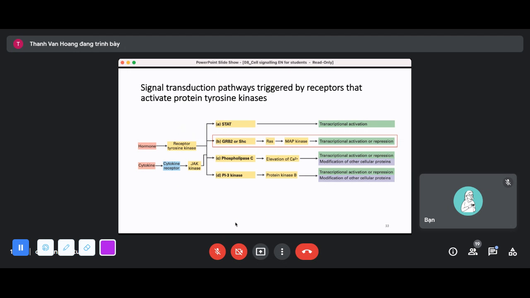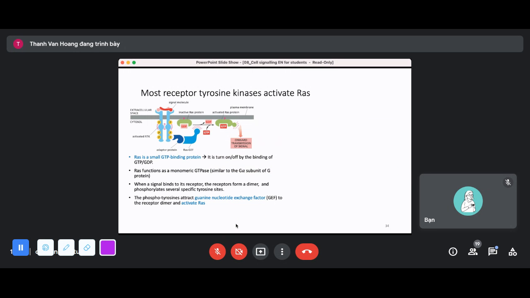About the RAS MAP kinase. RAS is a small GTP binding protein. It's also very important to remember. We talked about the G protein and the alpha subunit of the G protein, which binds to GTP and regulates the on-off switch of the G protein, right?